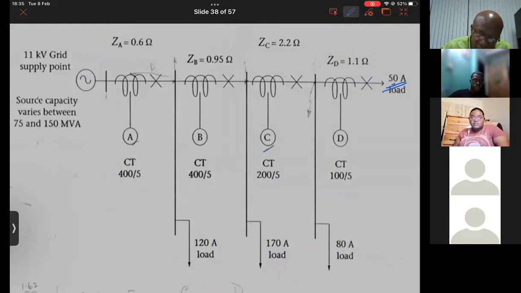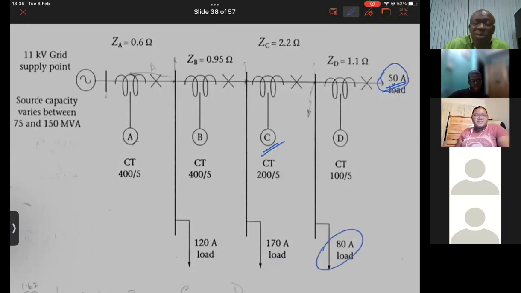Relay C, what load current will it see and why? We see 130, sir, because it has to have the 80 at load right after C and then the one after D. Okay, so it's carrying this community load and that community load. So that's how we get the 130.